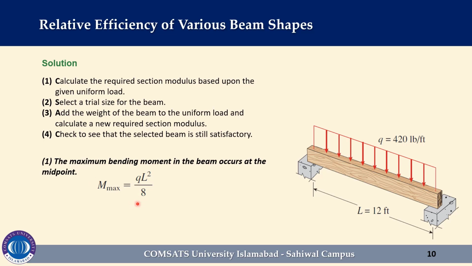We know the values of q and L that are also given in the problem statement. q is 420 pound per feet and L, that is length, is 12 feet. Here it is important to note that first we have to convert feet into inches, as you can also see from this expression. And finally the maximum bending moment after some simplifications will be 90720 pound-inch.